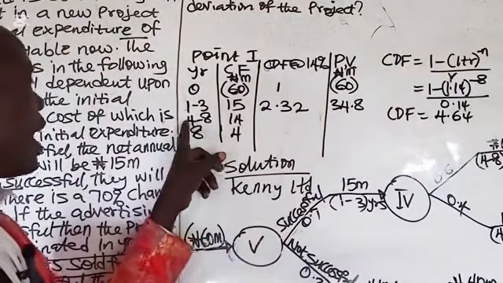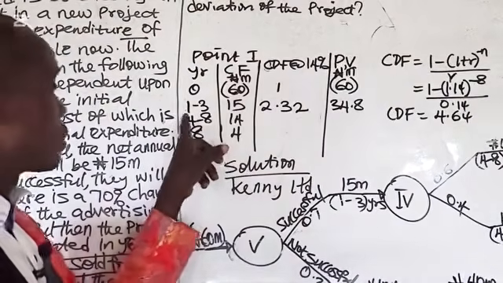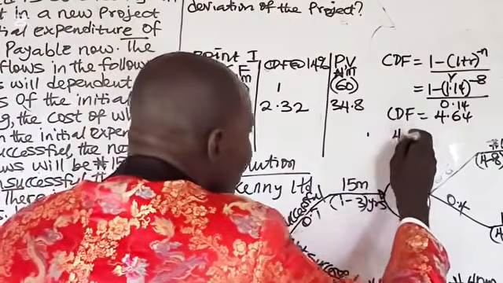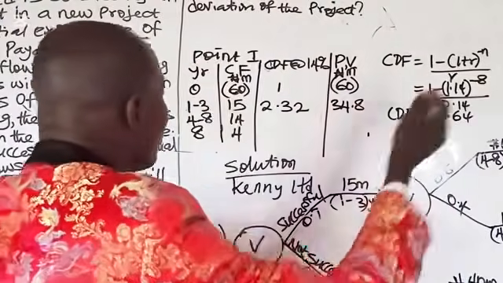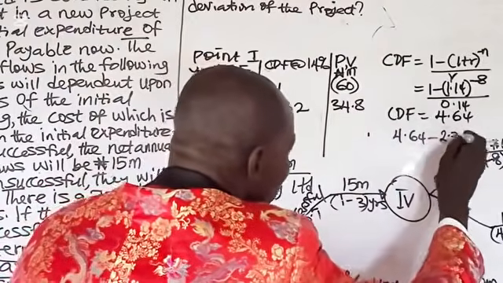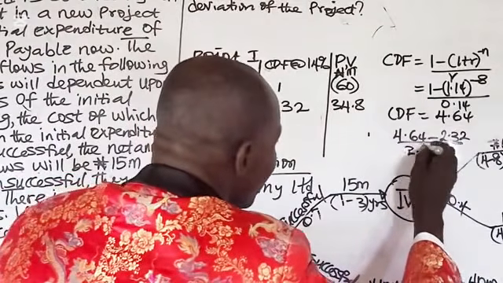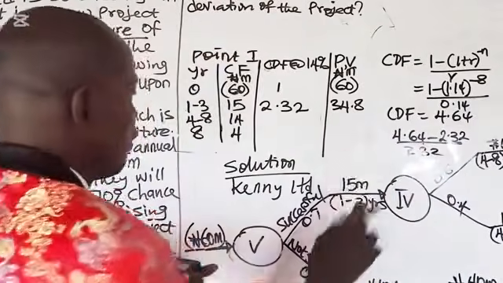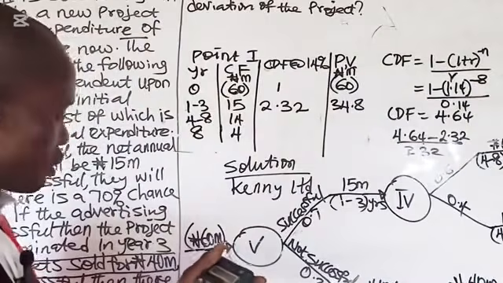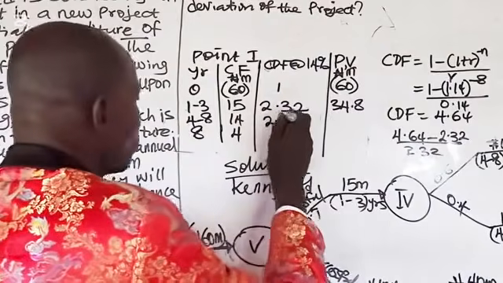Remember, what you need is year 4 to 8. Year 1 to 3 is not part of it. So you have year 1 to 8, which is 4.64, minus year 1 to 3, which is 2.32 as calculated earlier. 4.64 minus 2.32 gives us 2.32.